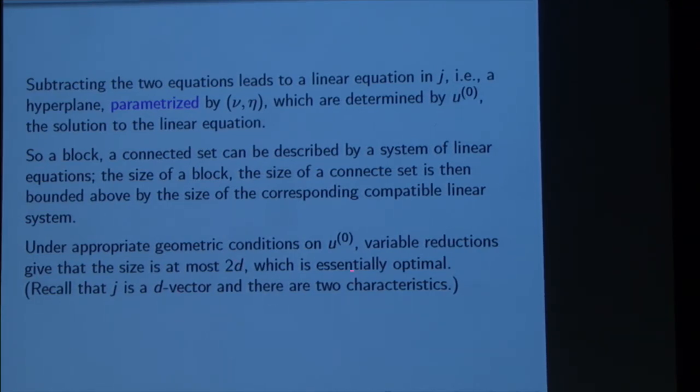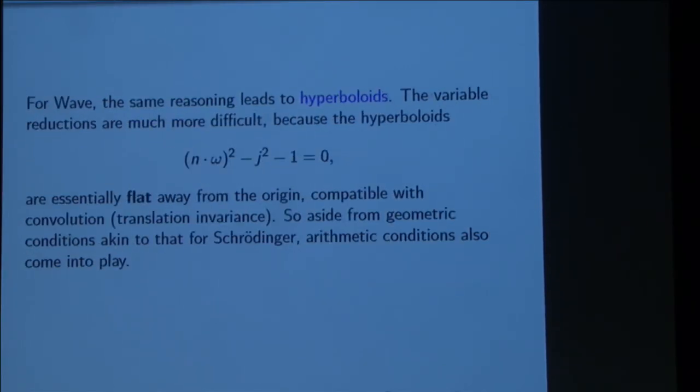J is a D-vector, so you need D equations. And why 2? 2 is because you have two bicharacteristics. So this is essentially it. Now, for wave, the same reasoning leads to hyperboloids.